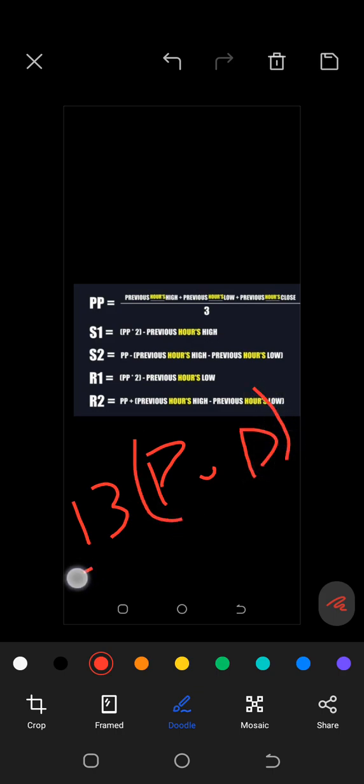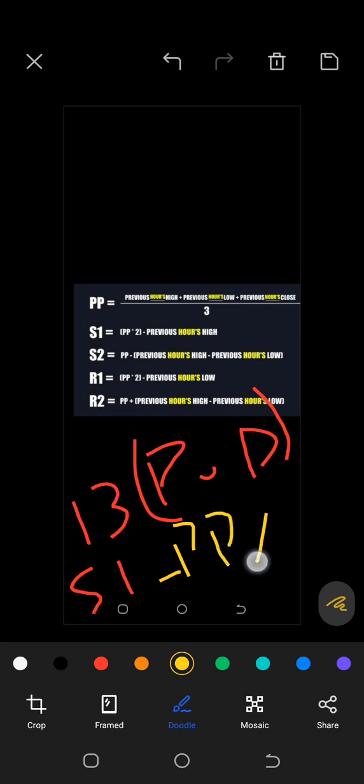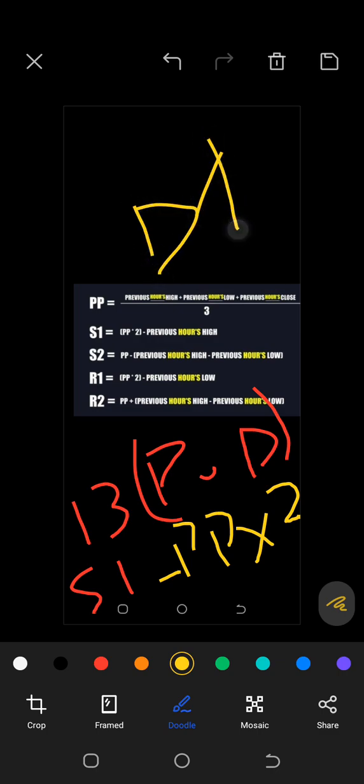When you want to get the S1, you need to multiply that pivot point by 2. Then when you get that answer, you subtract it from the previous high. Let me keep it simple, the previous high, because some people will use the D1 or the H1.